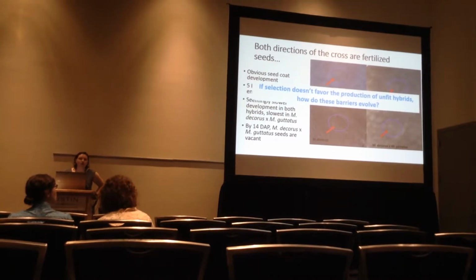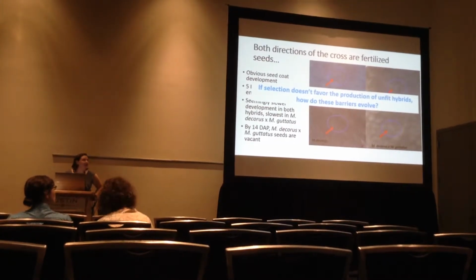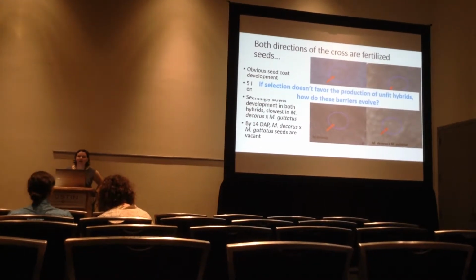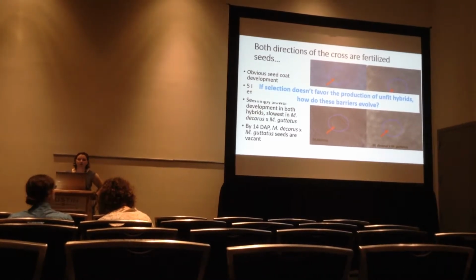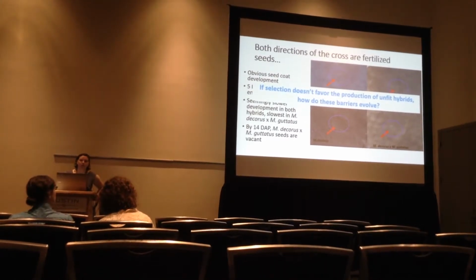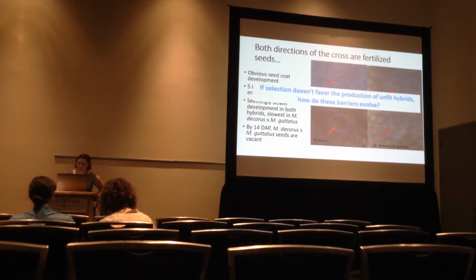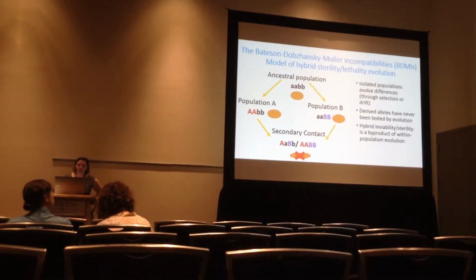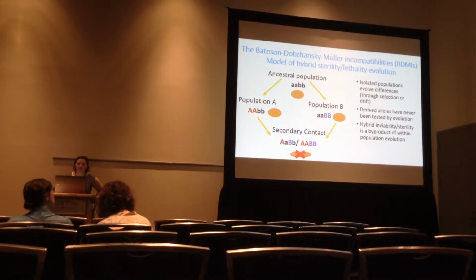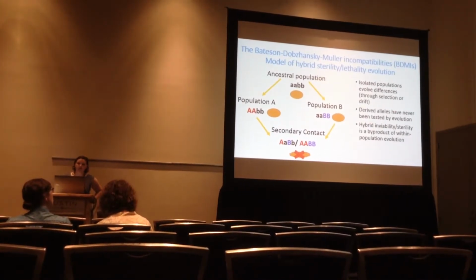As evolutionary biologists, we've long been interested in post-zygotic isolation. It's a puzzle because selection would never favor the direct evolution of unfit hybrids. So how do these barriers evolve in the first place? Dobzhansky and Mueller, and to some extent Bateson, came up with a really great model some time ago to explain this evolution.